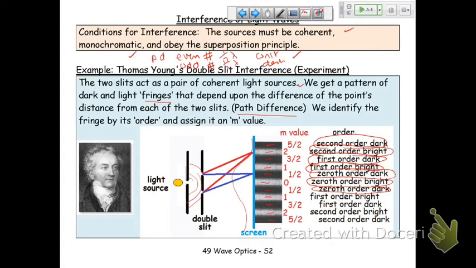If that screen's 1 meter away, it takes the time 1 over 3 times 10 to the 8 seconds to go from the source to the screen. I can relatively easily set up a situation where, on average, I only ever have 1 photon in the machine at any one time.